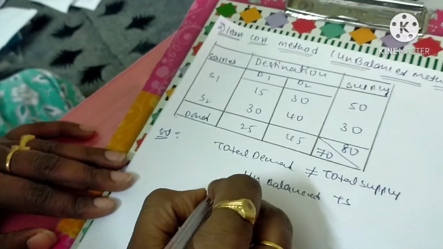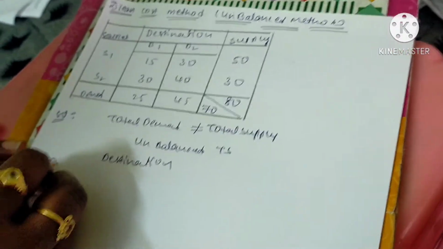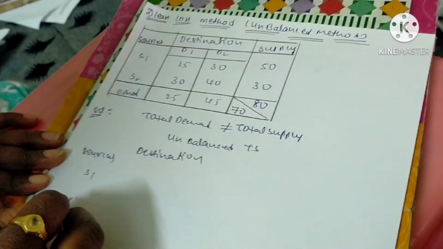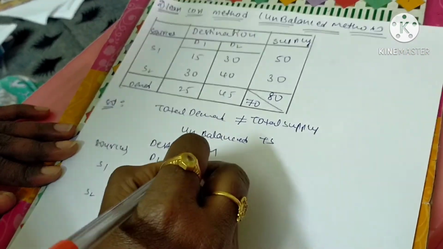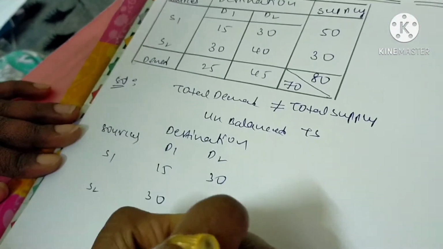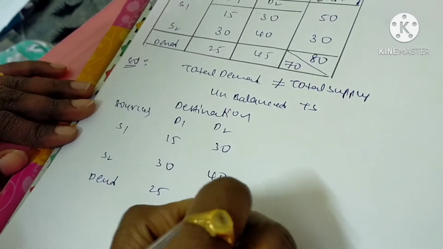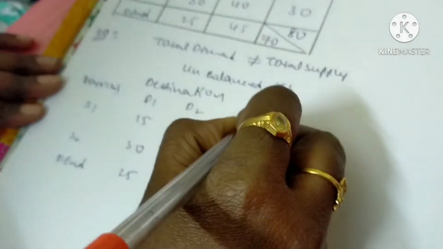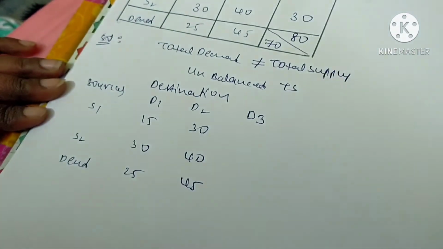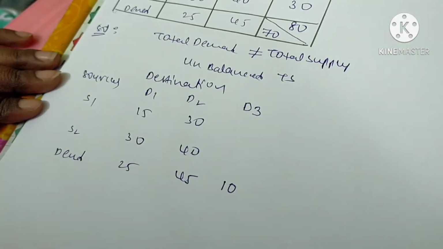Write the given problem here. Sources S1 and S2, destinations D1, D2, costs 15, 30, 30, 40, demand is 25, 45. Here we need to add one more unit of demand. How many units do we need to balance the transportation?